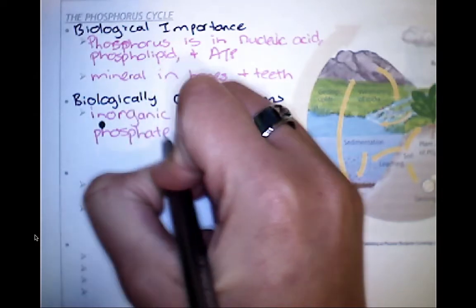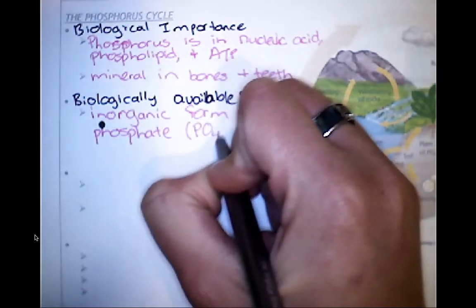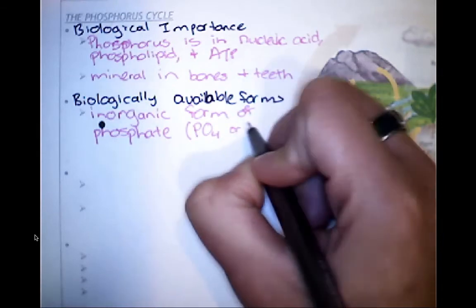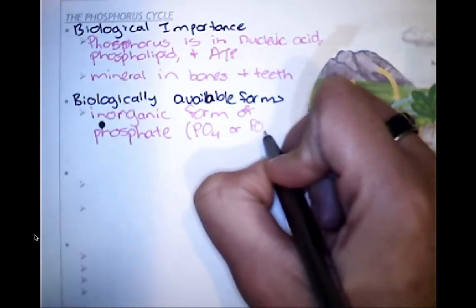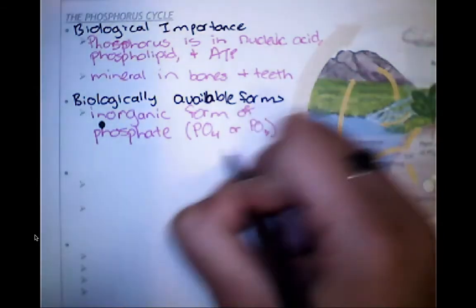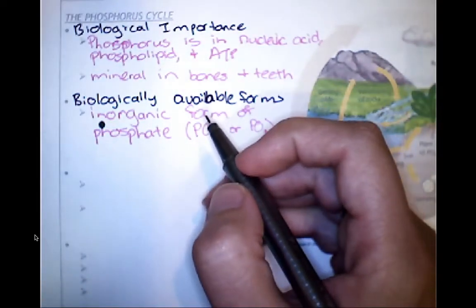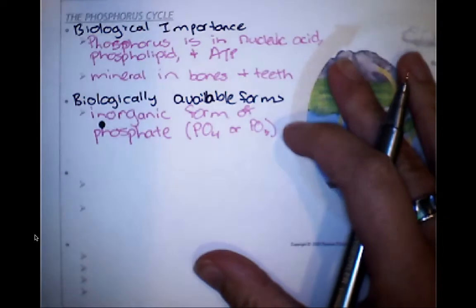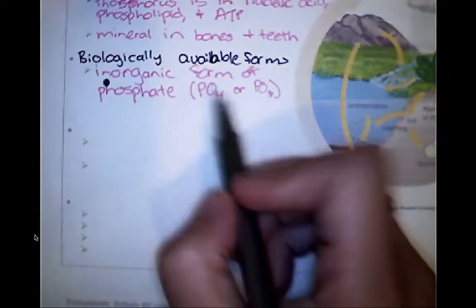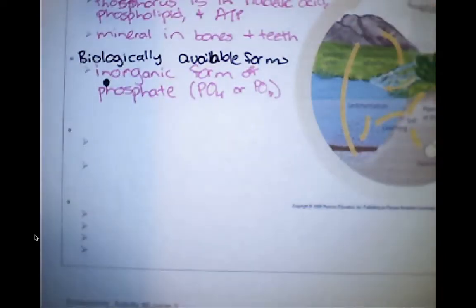Okay, so when it's in its PO4 form, or you could even do phosphite, which is very rare, and it's PO3. But phosphate is actually PO4. Okay, and you can get it through all kinds of different ways. One of the main things is that it's in fertilizers, actually.